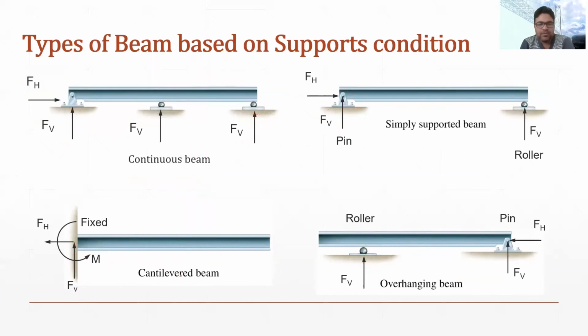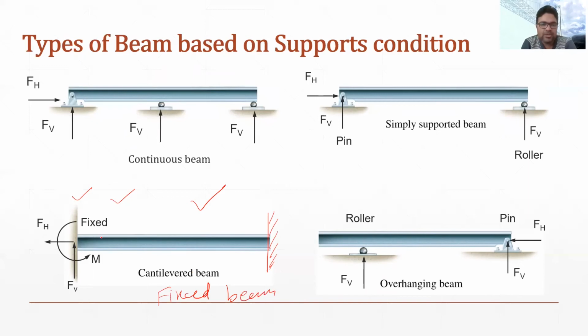Now, if we take this example of a cantilever, in the case of a cantilever, one end is fixed and one end is free. Now, what if we fix this end also? This end is already fixed, and if we fix this end also, in that case this beam will become a fixed beam because it is fixed from both ends.